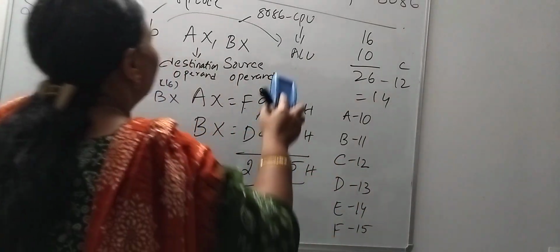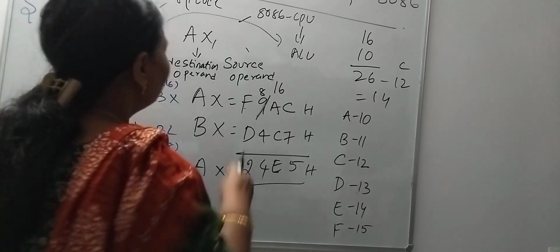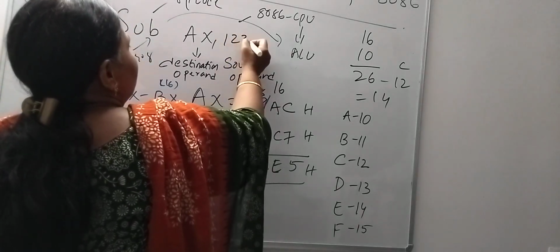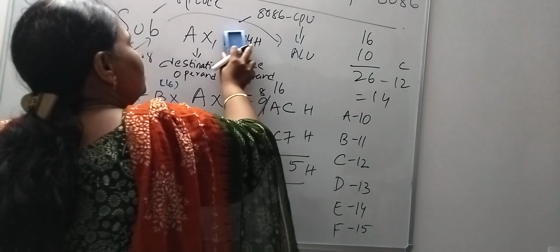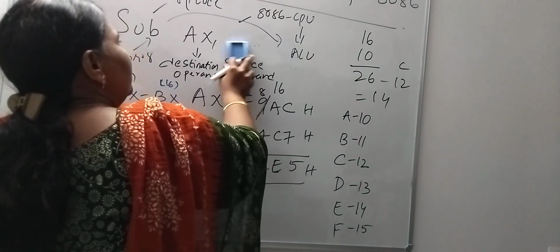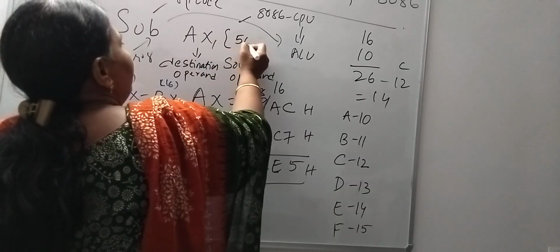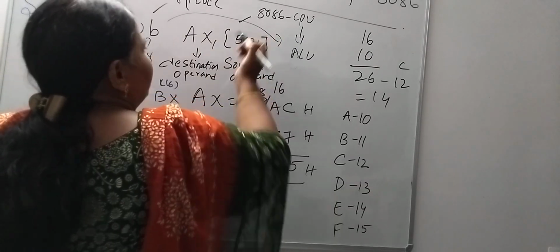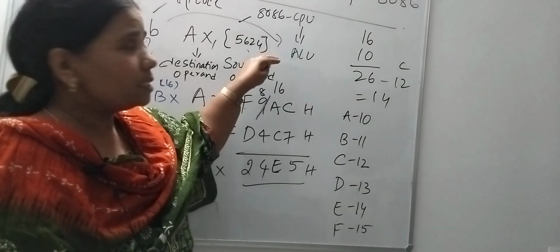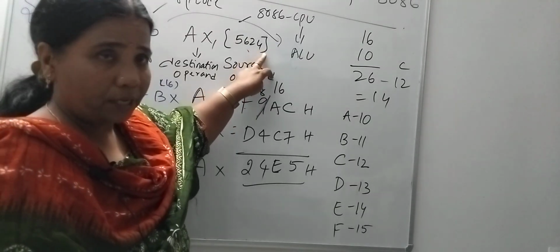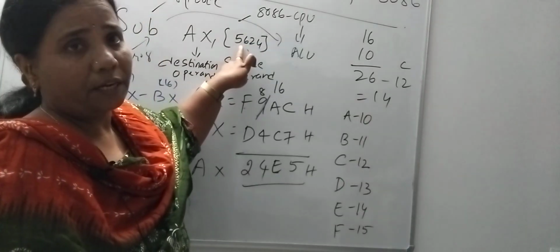Instead of a register, we can also take the operand as user data, like 1234H. Or we can take the source operand as a memory location, like [5624H]. Whenever a bracket with a number is written, it represents the data present at the memory location whose address is given inside the bracket.